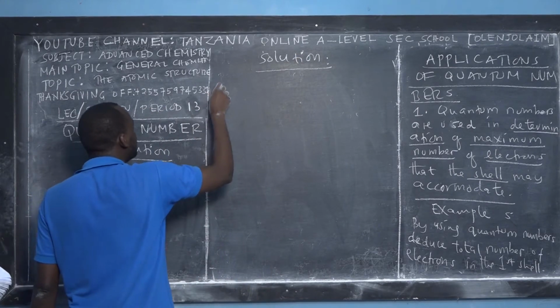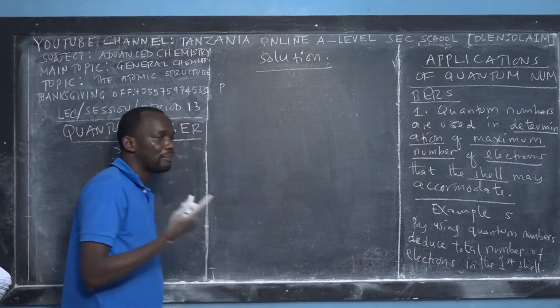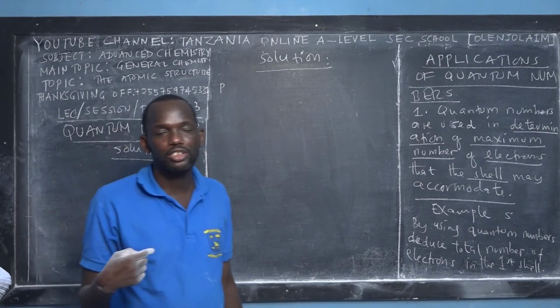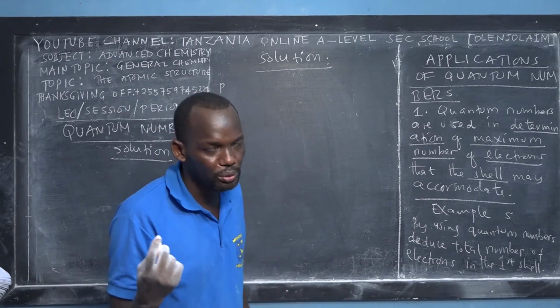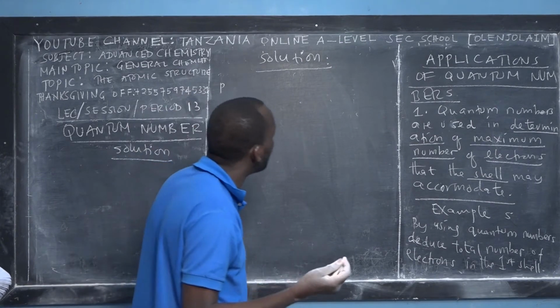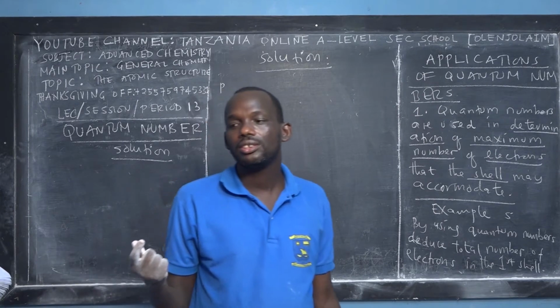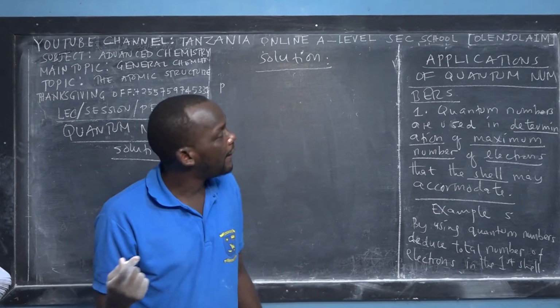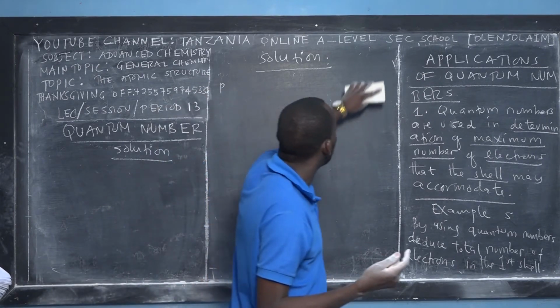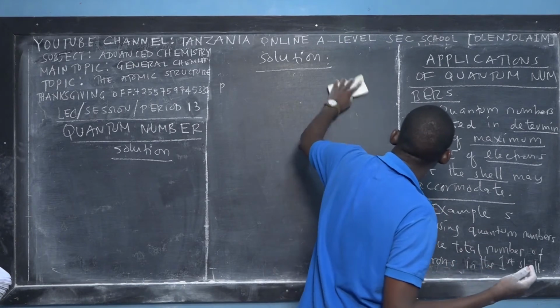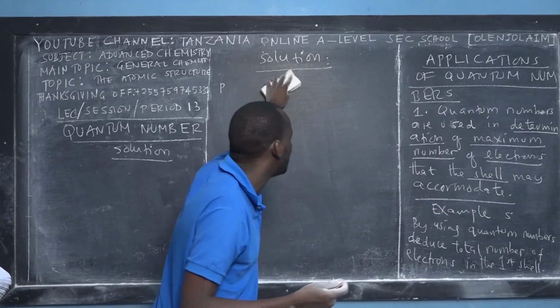How many quantum numbers do you have in chemistry or in an atom? 4. Principal quantum number, subsidiary quantum number, or angular momentum, or azimuthal quantum number; we call it subsidiary quantum number, and then you have magnetic quantum number and spin quantum number.